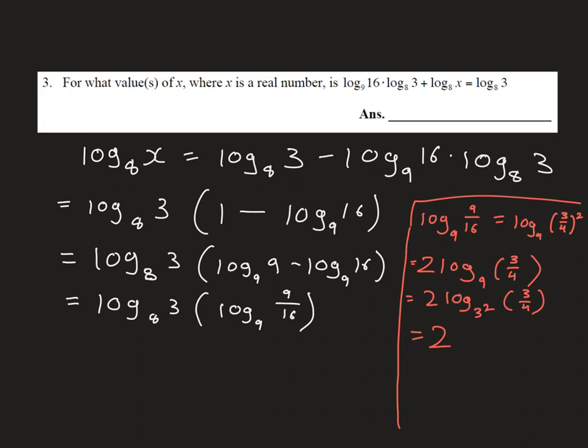And another property of logs is that you can do that when there's an exponent on the base part of the log. And then the 2 and the 1/2 cancel out. And you get log base 3 of 3/4, and that's a lot simpler.